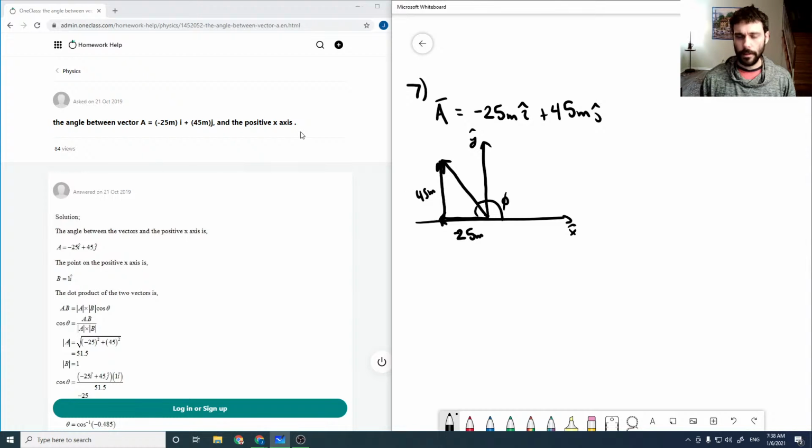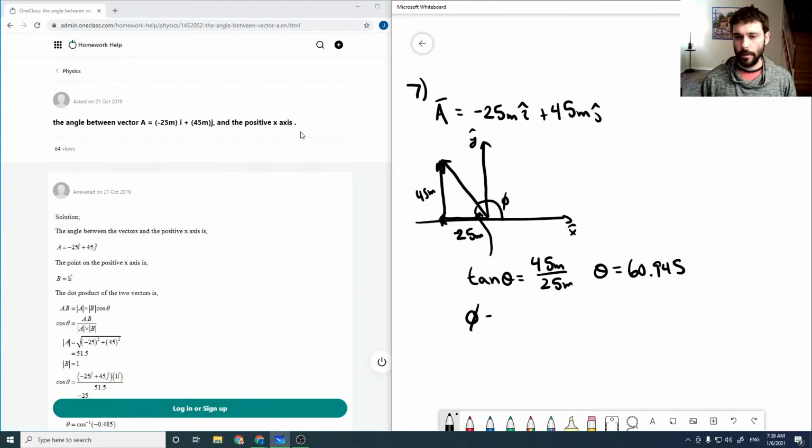And so we can readily calculate this angle in here, as that will be tan of theta is equal to the opposite over the adjacent, so 45 over 25. So then theta is equal to 60.